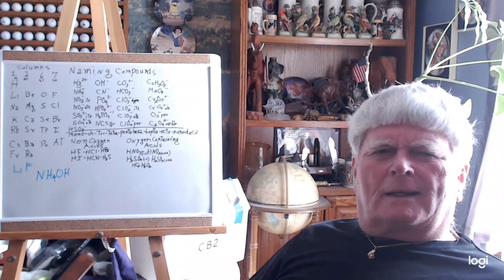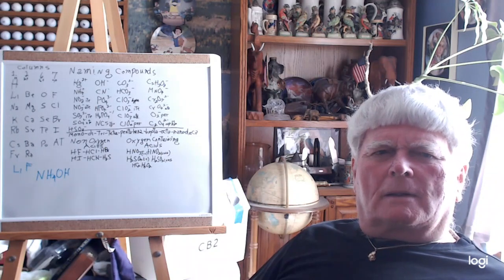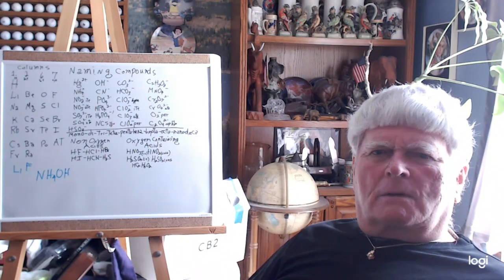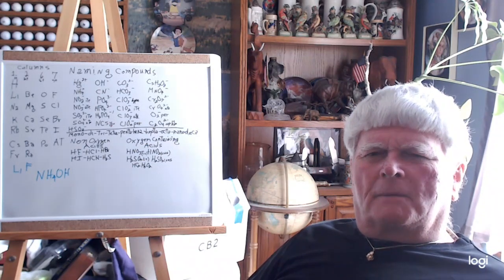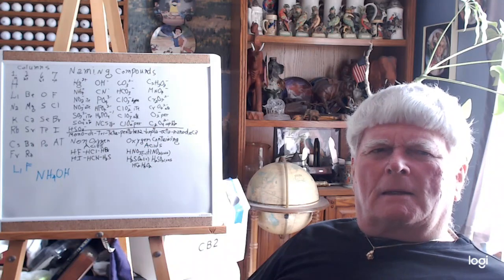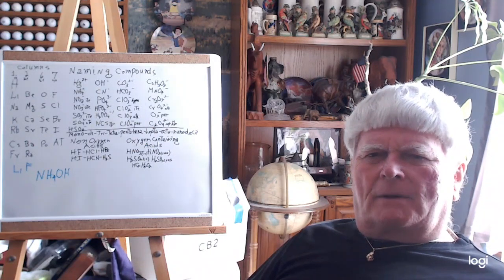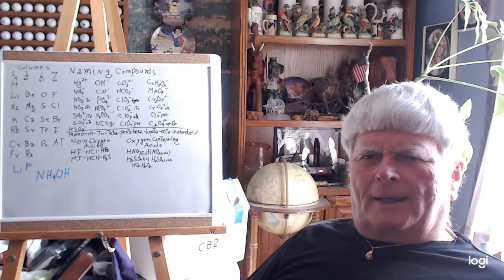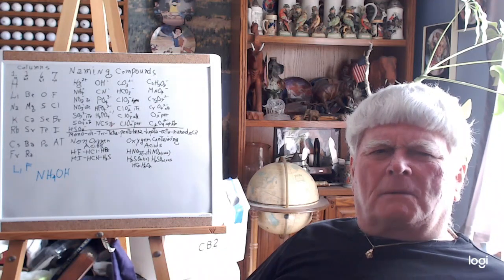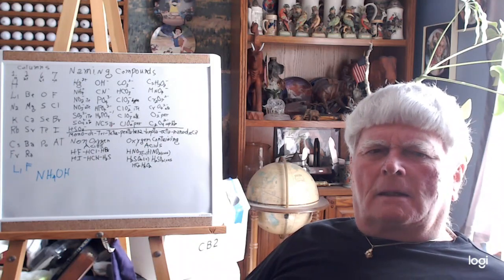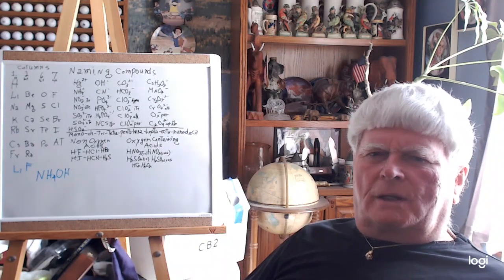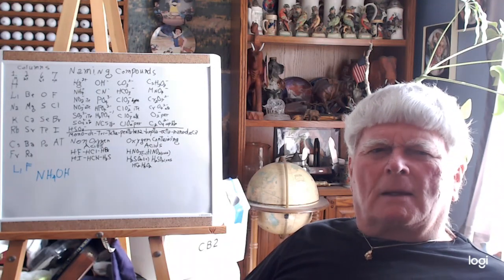The ones that do not contain oxygen are generally combinations of column 1, hydrogen, because all acids have hydrogen as their leading component, and those from column 7, 1 to 1, all make acids. They're pretty straightforward. You've got hydrogen fluoride, HF, hydrogen chloride, HCl, that's the acid in your stomach.